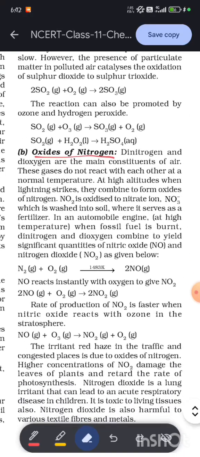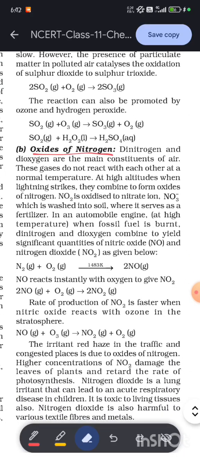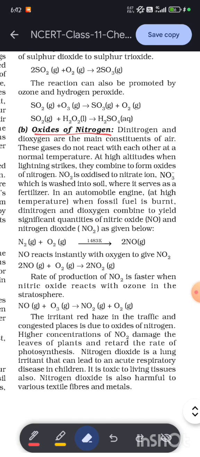In an automobile engine at high temperature, when fossil fuel is burnt, dinitrogen and dioxygen combine to yield significant quantities of nitric oxide NO and nitrogen dioxide NO2 as given below. N2 + O2 in the presence of 1483 Kelvin gives 2NO.